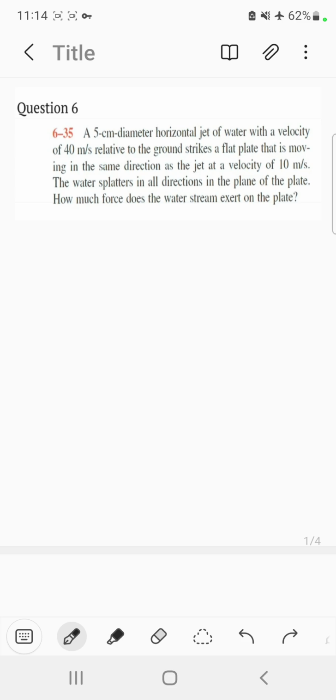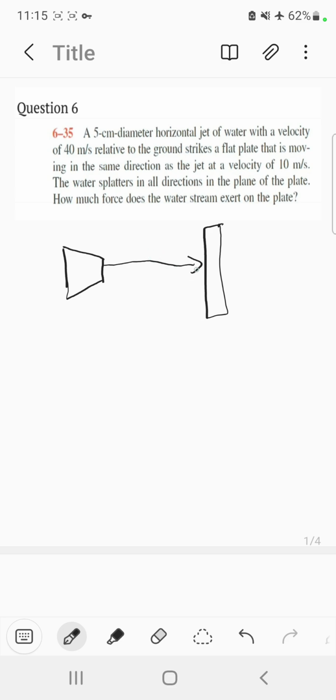So now, let's first draw the flow body diagram so we can understand more of how to solve this question. So we have the jet, it is splashing water, and we have a plate.